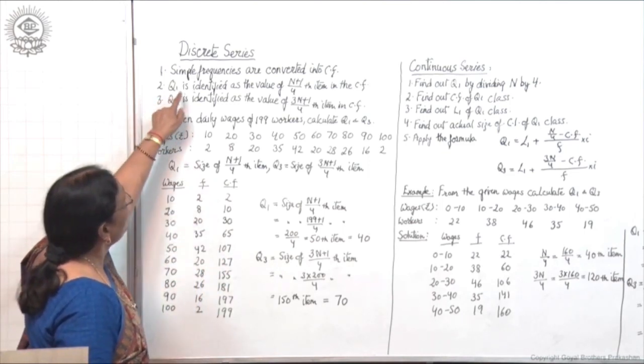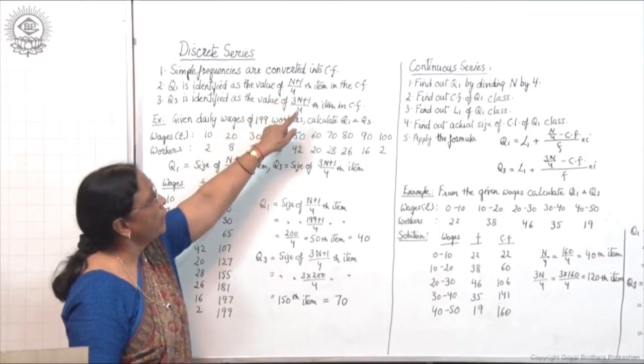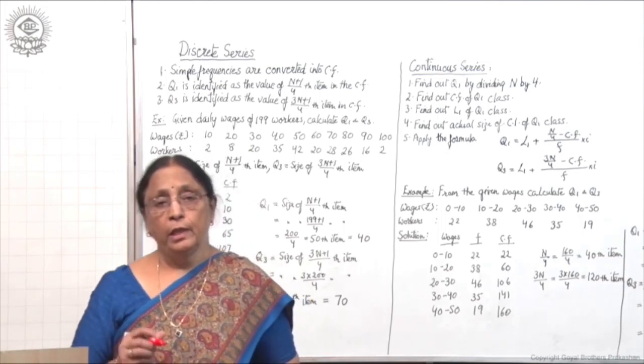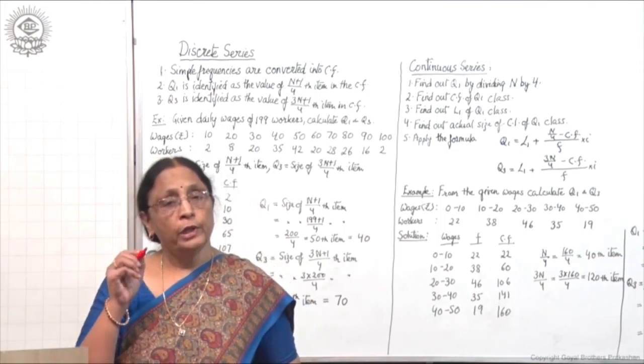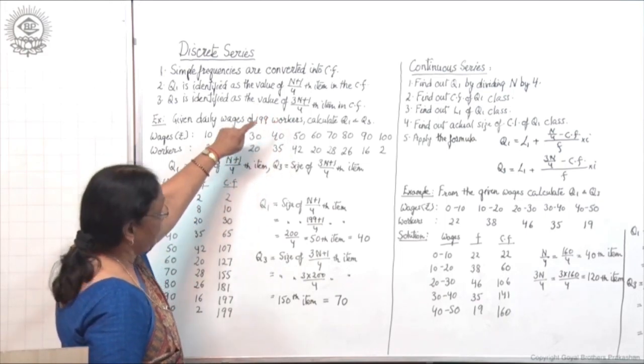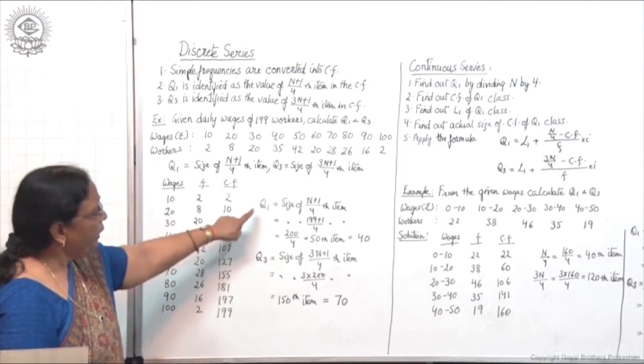Second, Q1 is identified as the value of (n plus 1) upon 4th item in the CF. CF is the cumulative frequency, and you have to find out the (n plus 1) upon 4th item in the cumulative frequency to locate Q1.